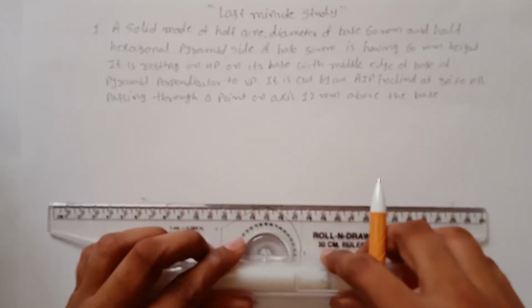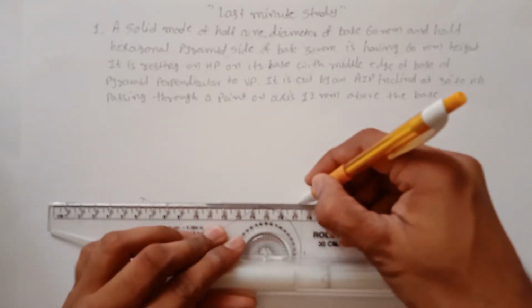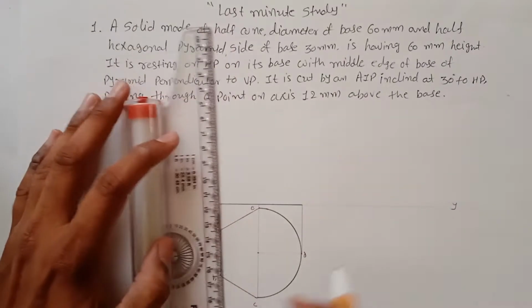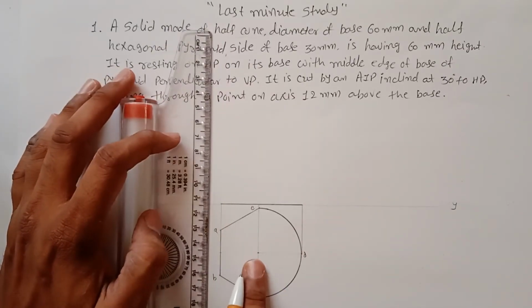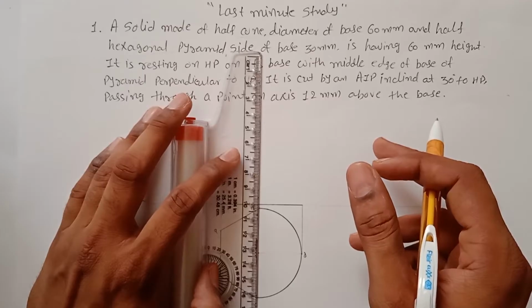The height is given to you. The height of the pyramid is 60 mm. So from the center point, measure a distance of 60 mm.